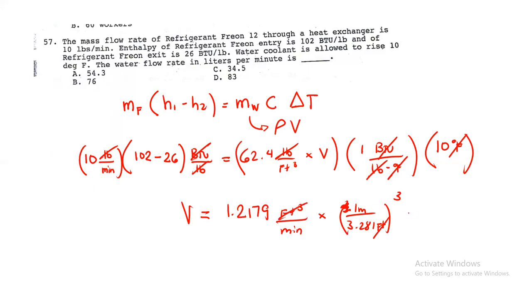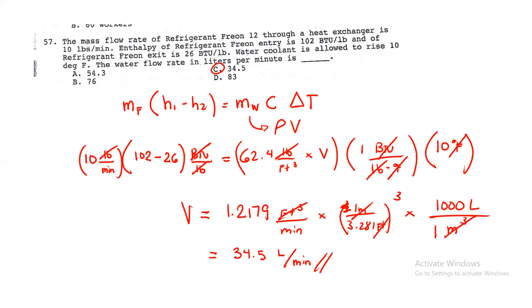So meter cube na to. So times 1,000 liters per cubic meter. So maka-cancel na to si cubic meter dito. So maging liters per minute na. So ang sagot dito is 34.5 liters per minute. So the answer is letter C.